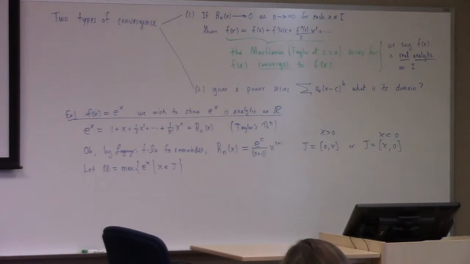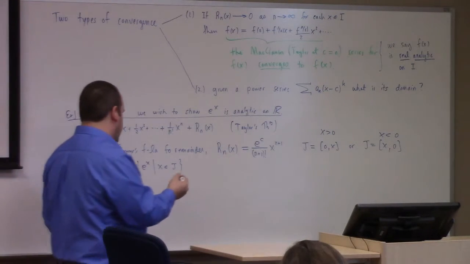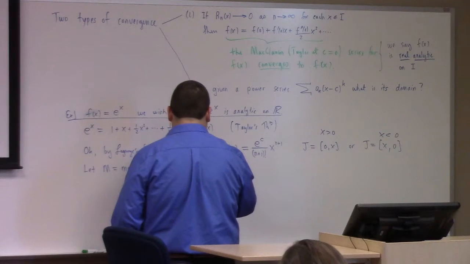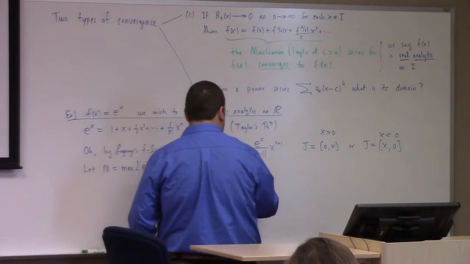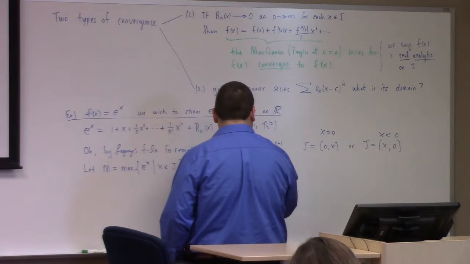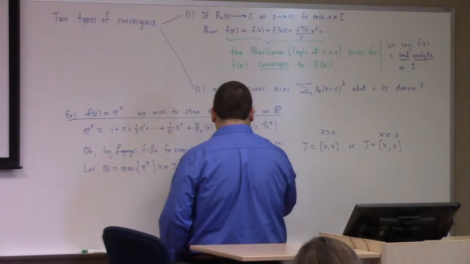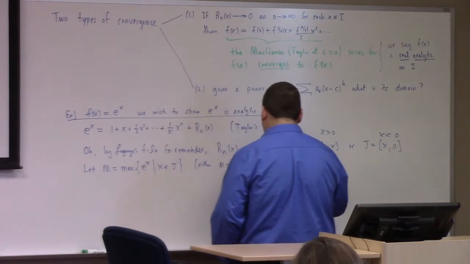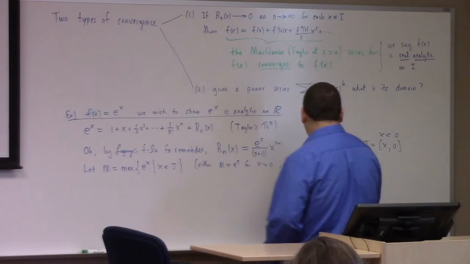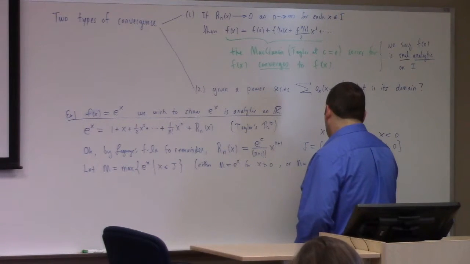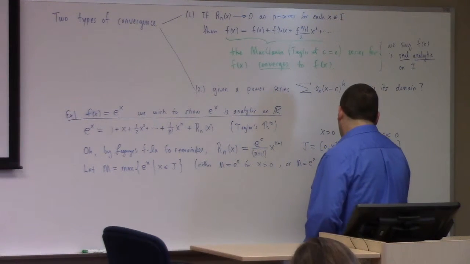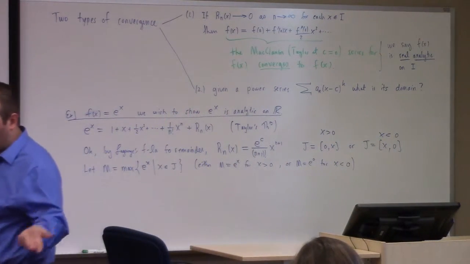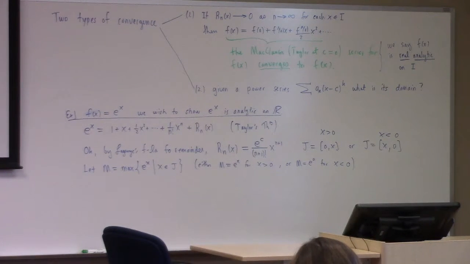If x is positive, the maximum of the exponential is what? m equals e to the x for x greater than 0, or e to the 0 if x is less than 0. If x is negative, the exponential gets smaller to the left of the interval. It's largest at 0.